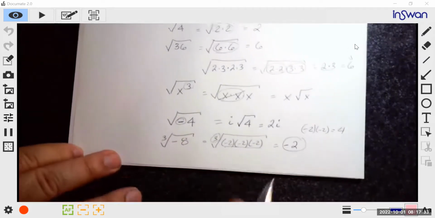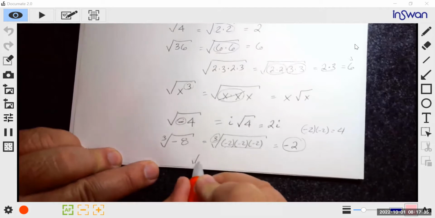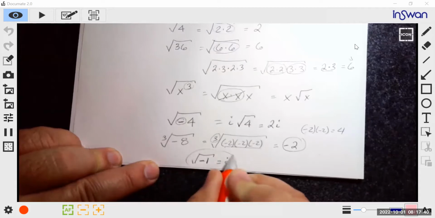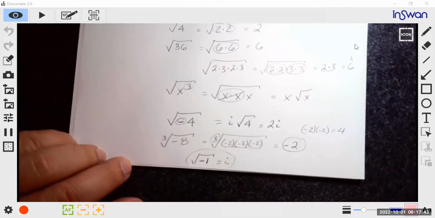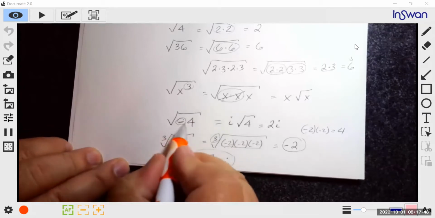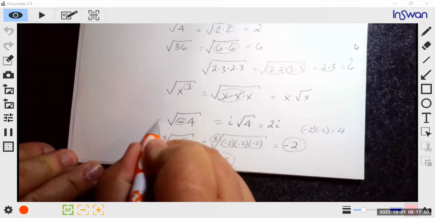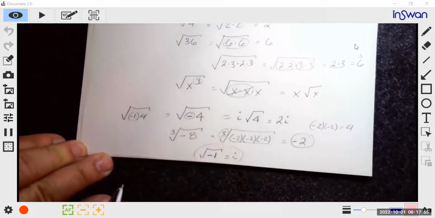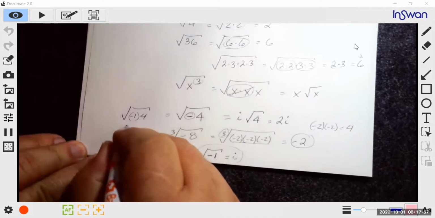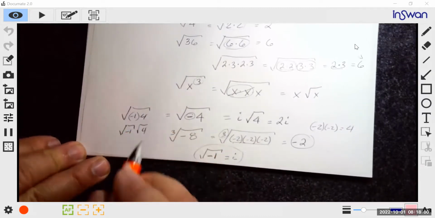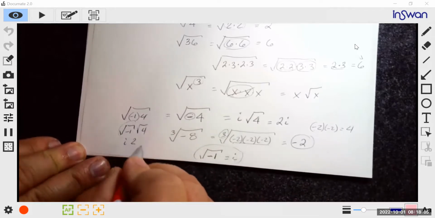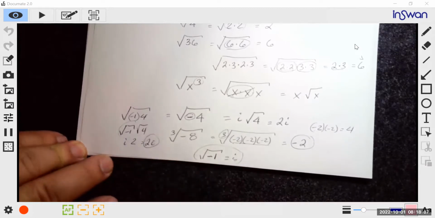So basically the square root of -1 is i. That's the rule. That's the definition of what i is. It's the square root of -1. Because this is the square root of -1 times 4. Square root of -1, square root of 4. The square root of -1 is i. The square root of 4 is 2. So the answer is 2i.